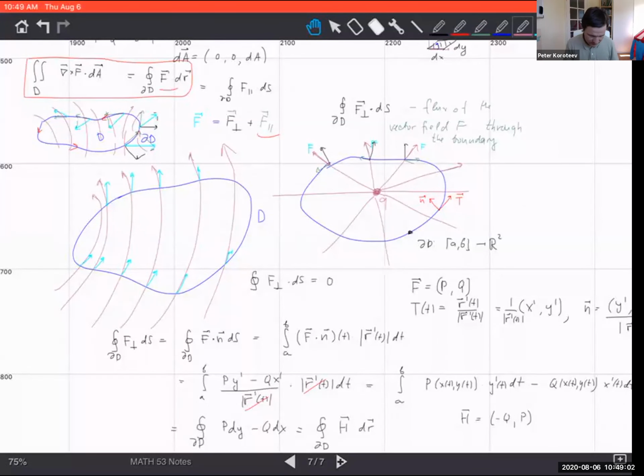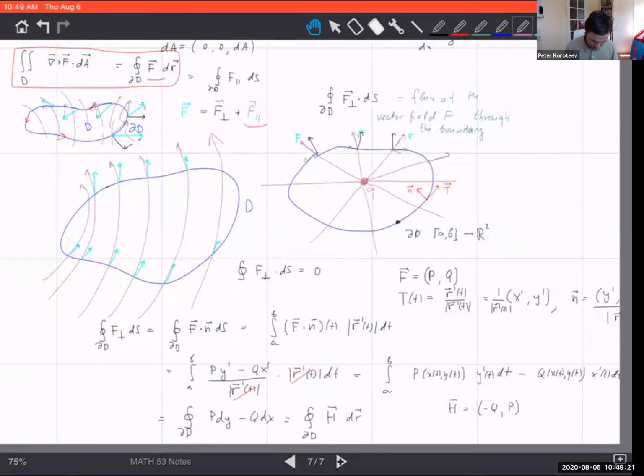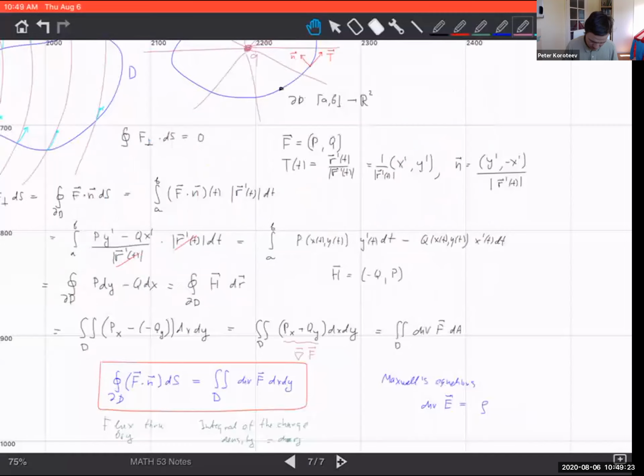The integral on the right-hand side will be related to the current that goes along the boundary, and the left-hand side is the magnetic field. Okay, questions?